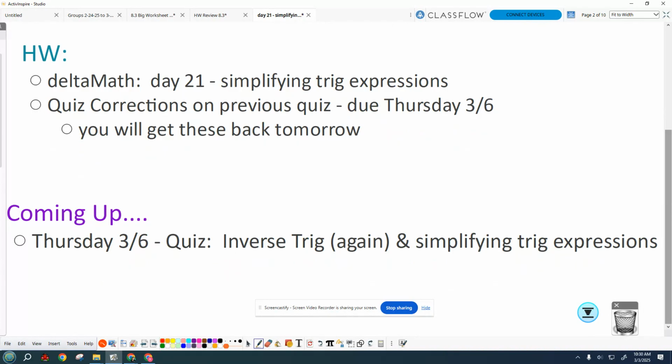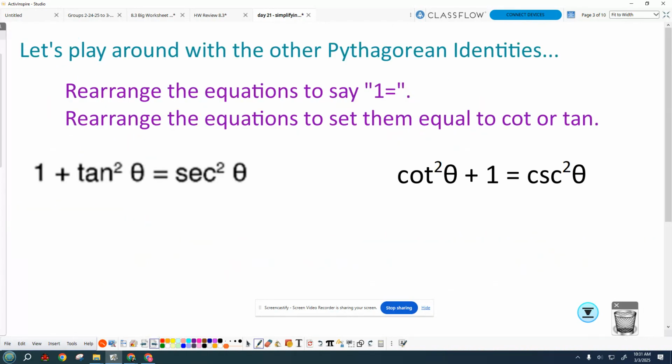You need to get me quiz corrections by Thursday, because Thursday there's a quiz that will have some trig inverse, and a piece of this quiz can replace a piece of your other quiz. If you do not turn in the corrections, I can't tell how you did on that piece, so there will be no replacement option if you don't turn them in. Okay. And you guys tried this.